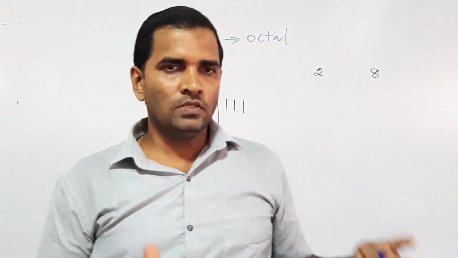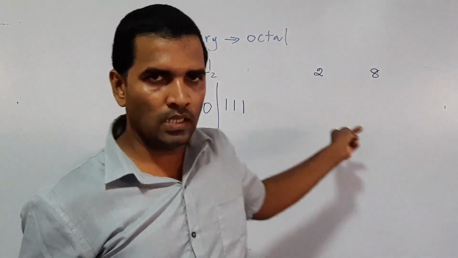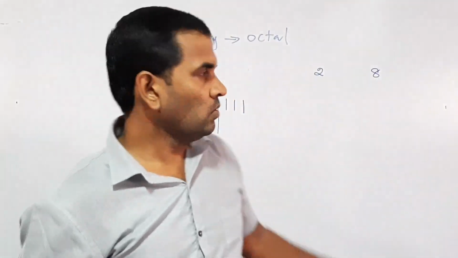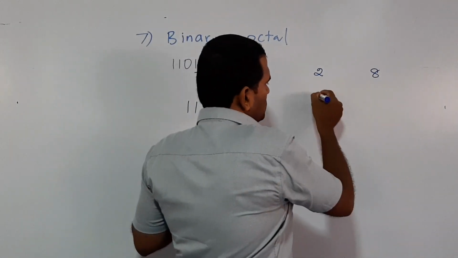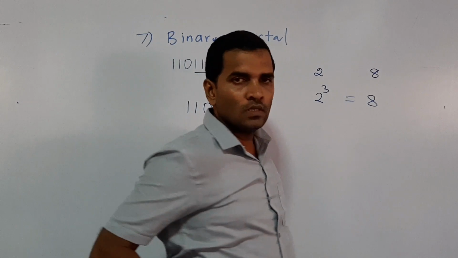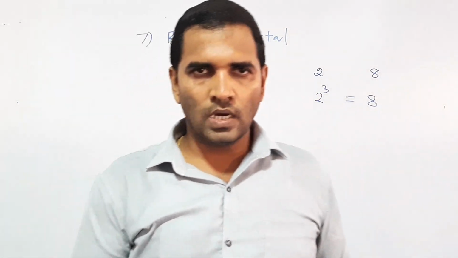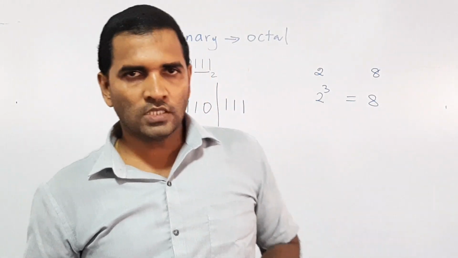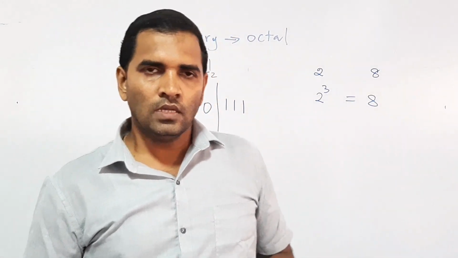So there is a relationship or a connection between the binary and the octal. So look here, it is 3, it is 8. So we can say that 2 to the power 3 is always 8, right? So it is a very simple connection between binary and octal. So let me explain that particular idea.